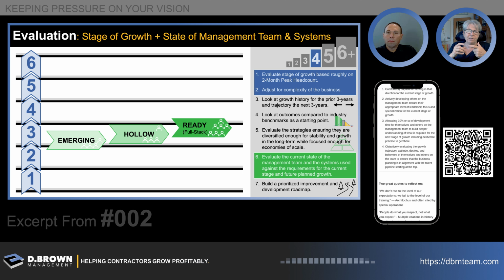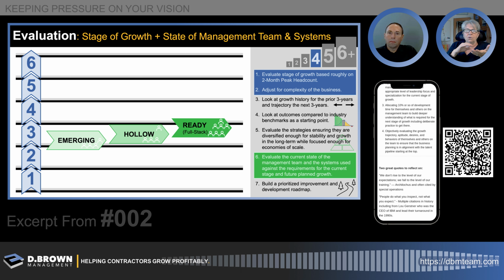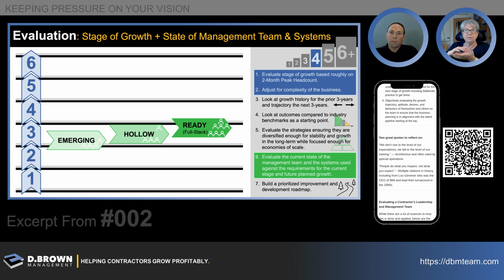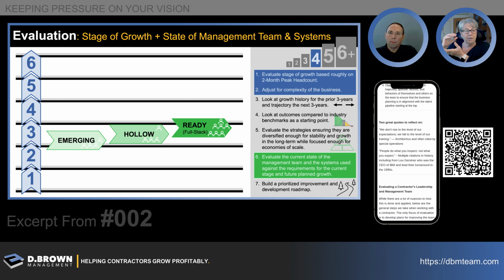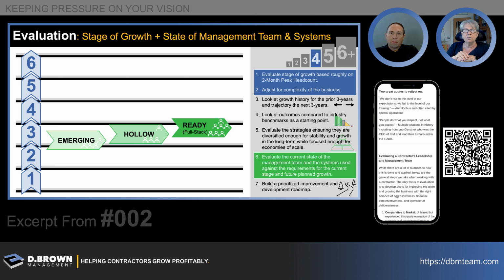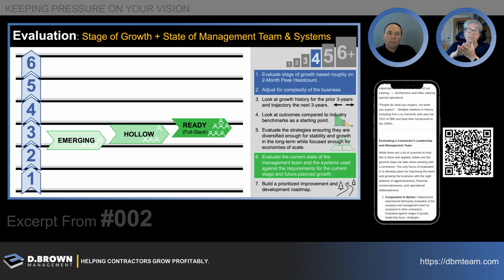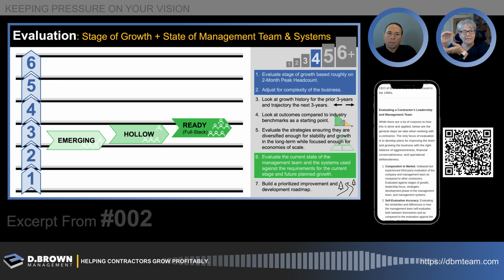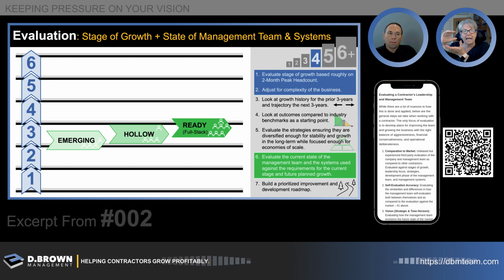Now, what can happen is, of course, you're in the midst of growth, and so therefore the middle layer maybe hasn't been developed yet, right? You're still trying to figure out who those people are and kind of how you're going to fill in that structure. It could also get to be that you've moved to, and we'll talk about this ready stack next, right? We've got a full stack of people.